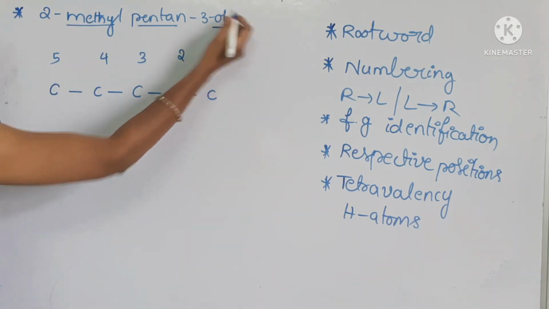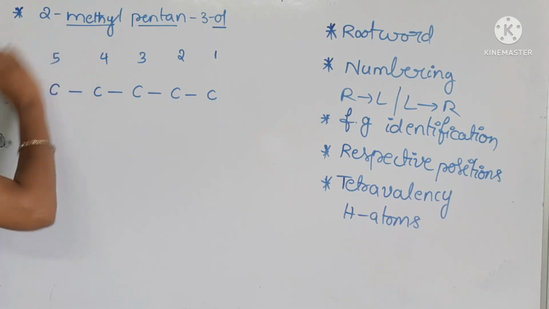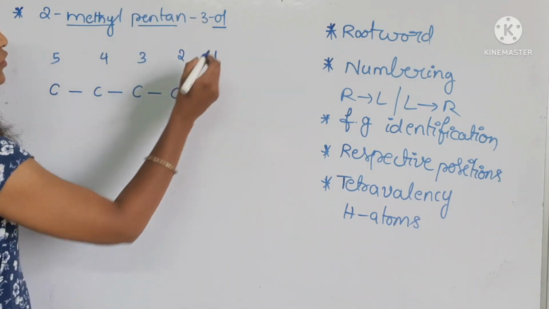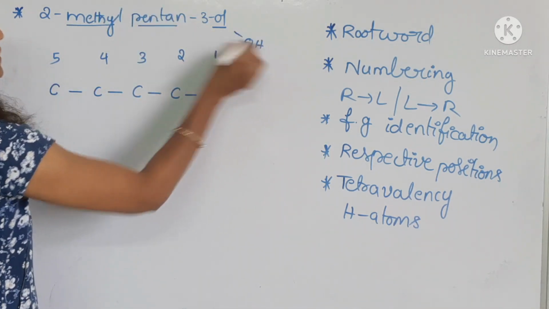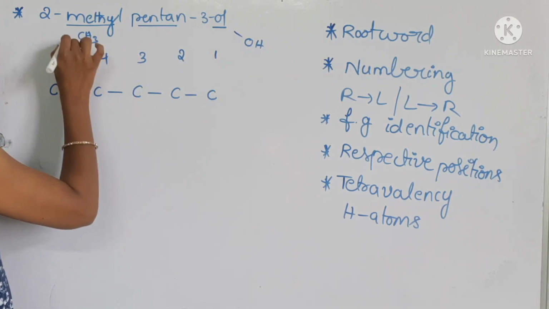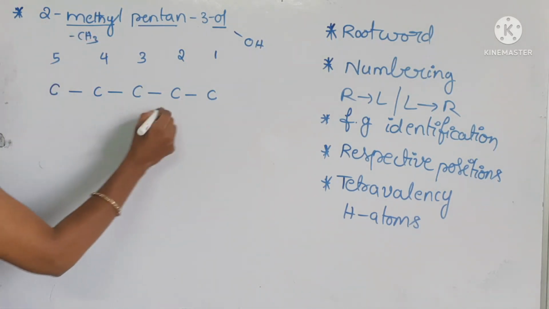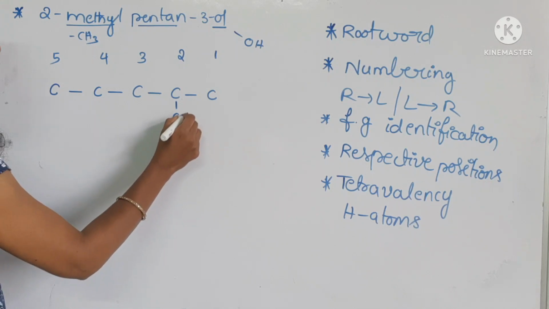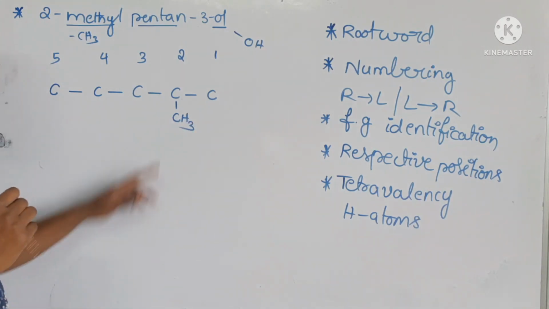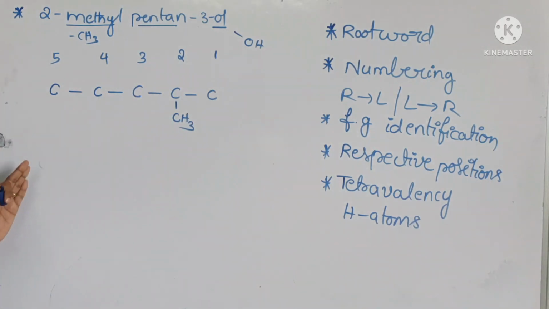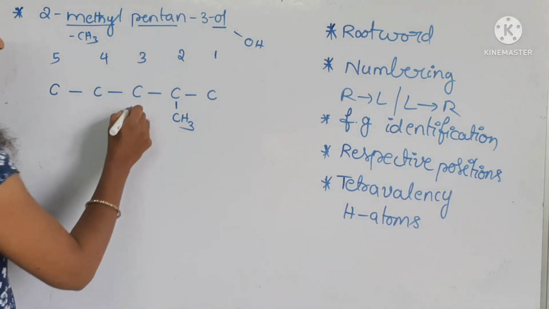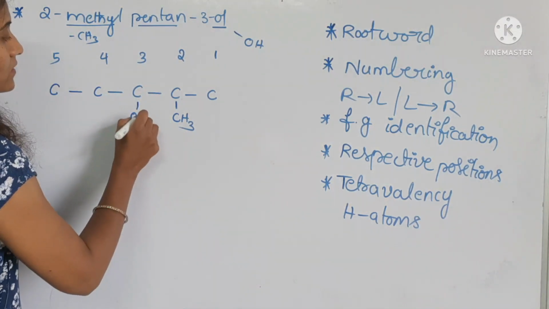One is the principal functional group, another one is a secondary functional group. The principal functional group is ol, OH. The secondary functional group is methyl. So this methyl group you have to place at the second position of the principal chain, and the OH functional group you have to place at the third position.